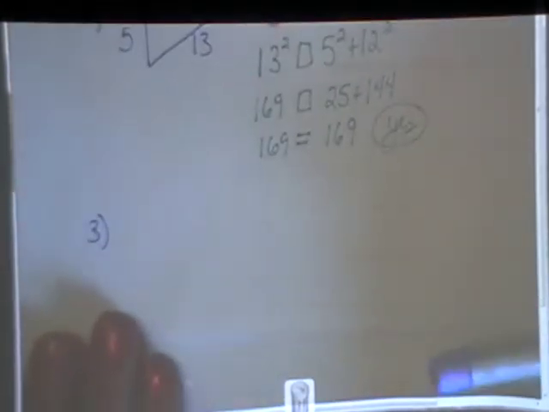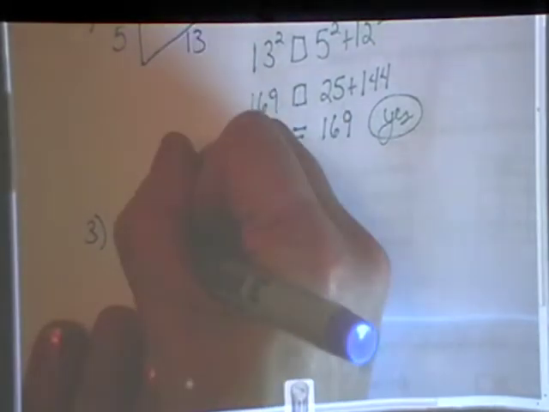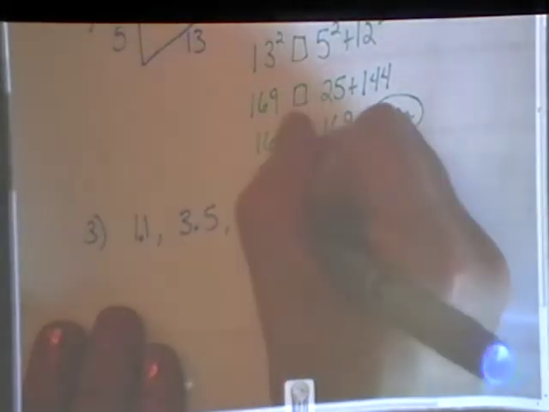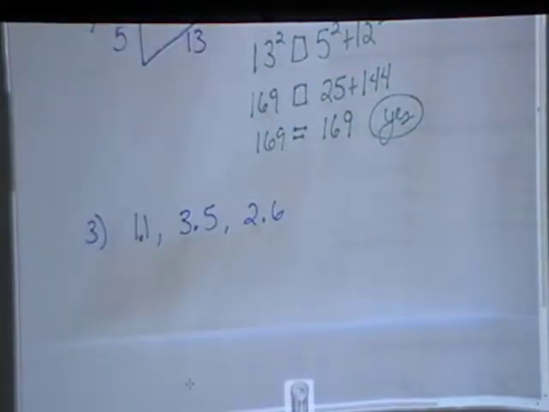Alright, I'm going to give you one last one. Let's say we have 1.1, 3.5, and 2.6.